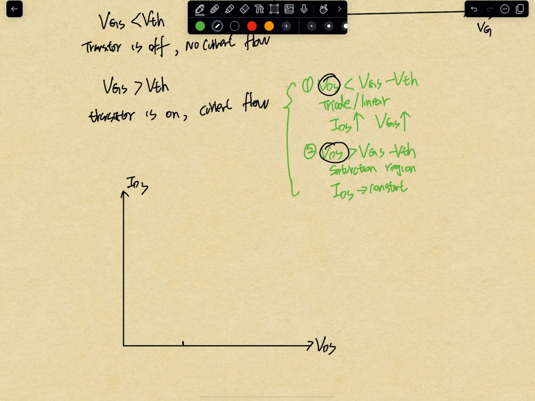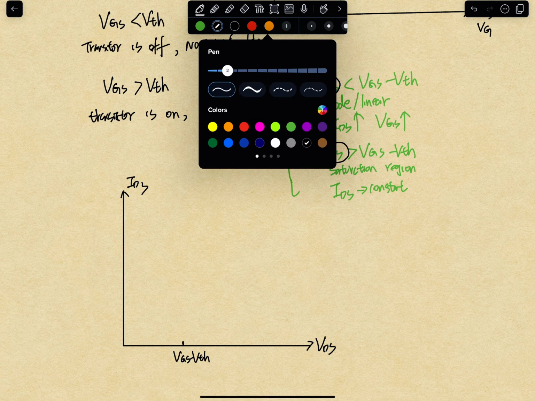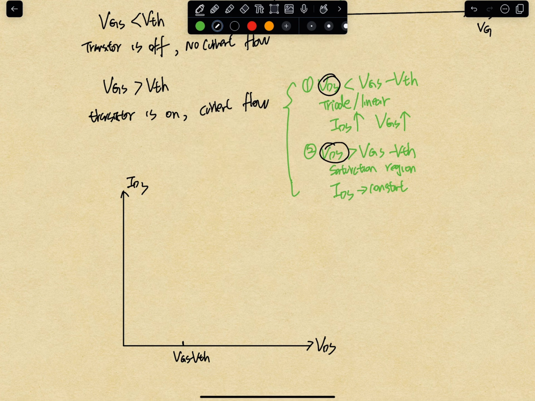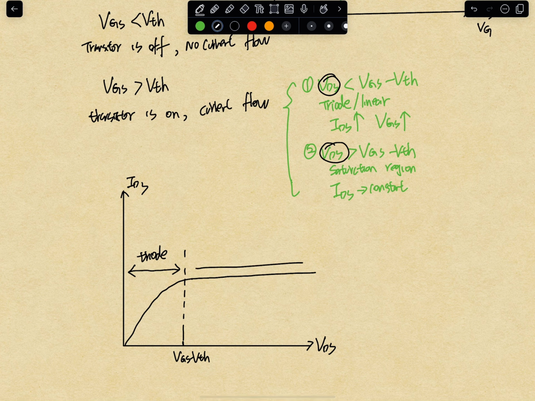When the VDS is less than VGS minus VTH, you will see the current increasing like this. After it reaches this point, it will stay constant, but in reality, it's not quite. This region we call triode, and this region we call saturation.